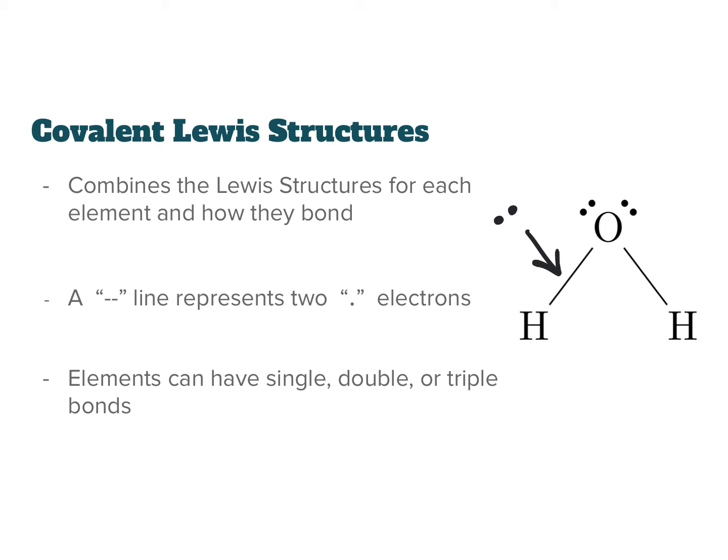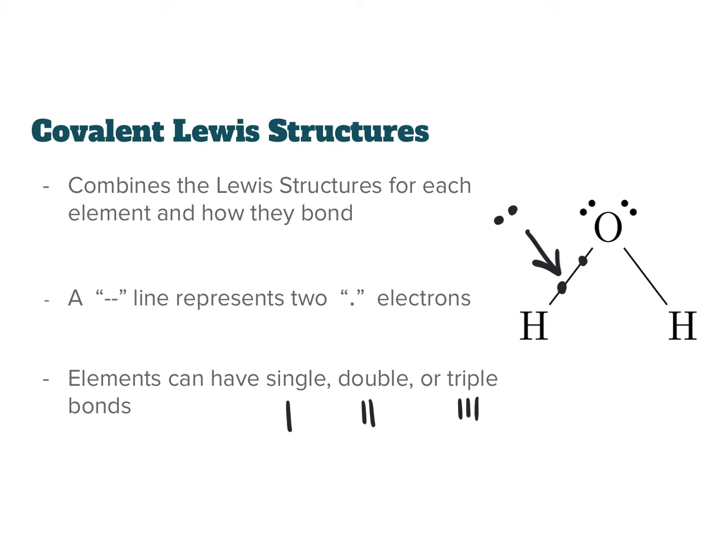So this line between the hydrogen and the oxygen represents there's a dot right there and a dot right there being shared amongst the H and the O. Another thing is I could have a single bond, a double bond, and even a triple bond between elements.